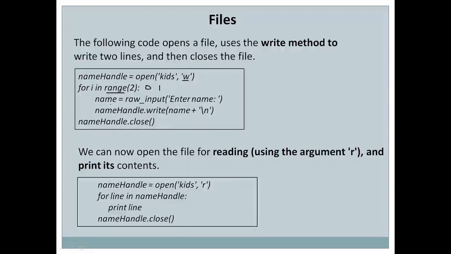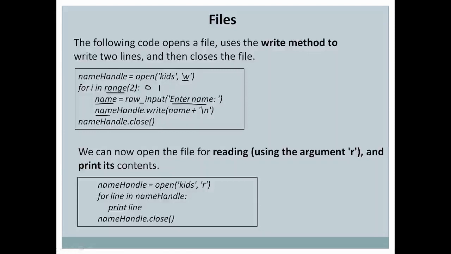The first line inside the for loop says name is equal to raw input. Raw input is a function which is used to read a value from a user. In raw input, the message which we want to display is enter name.